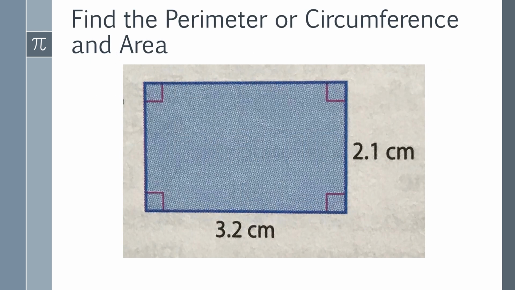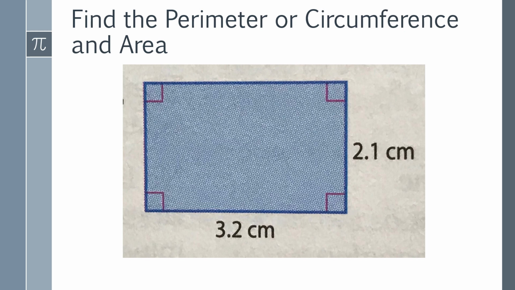Time for some example problems. All right, find the perimeter or circumference and area. So this is a rectangle, and because it's a rectangle, we're going to take a couple of things here.